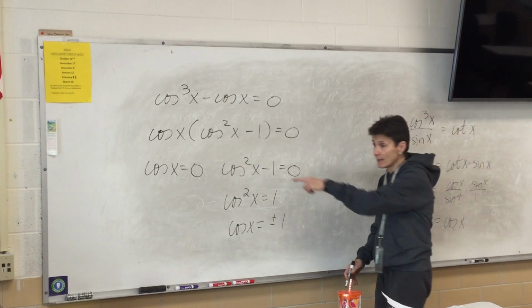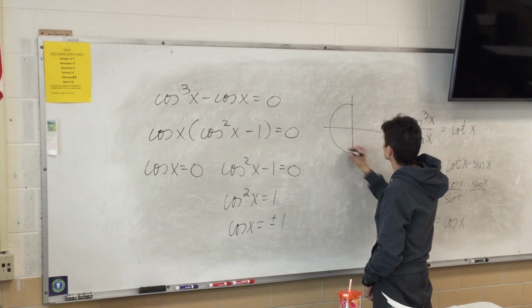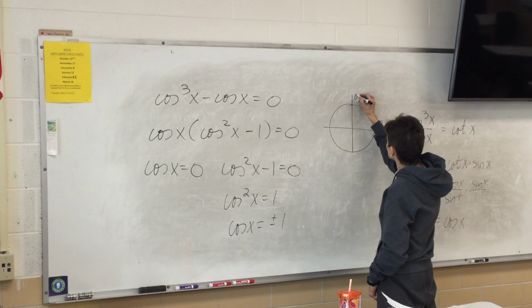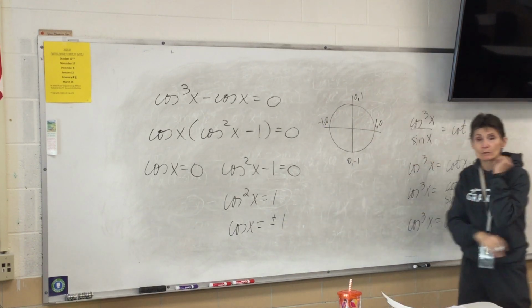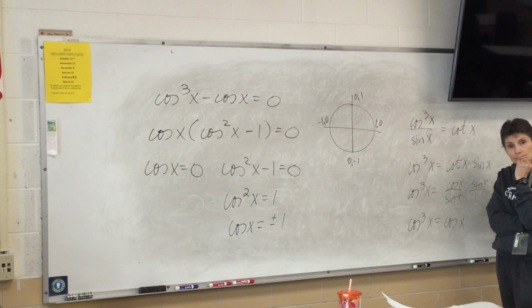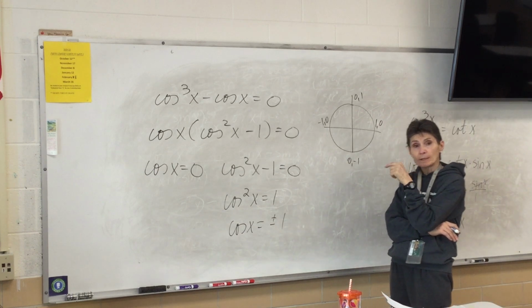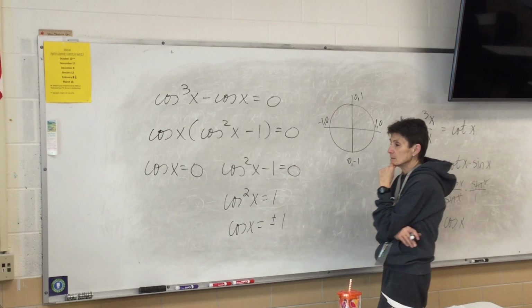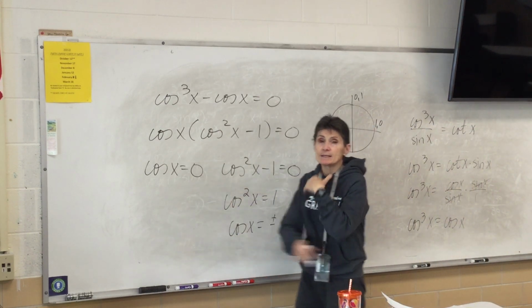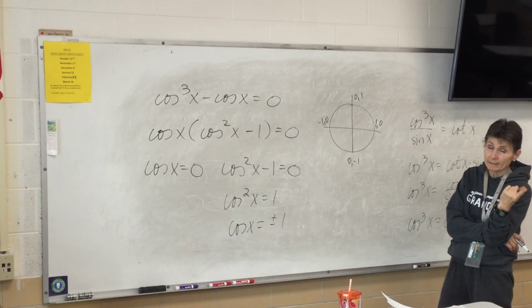Now remember, when you get numbers like zeros and ones, we're going to look at our unit circle. There's our unit circle. Radius is 1. Quadrantal angles. So right one, up one, left one, down one. Keeping in mind that cosine is x on the unit circle, x over r, but r is 1.